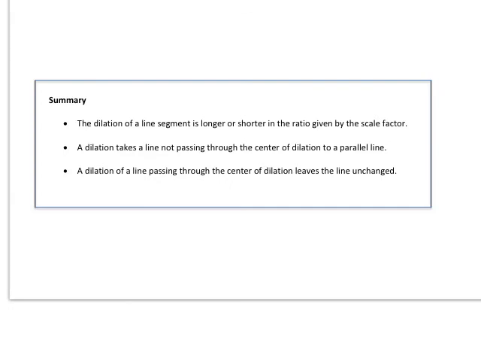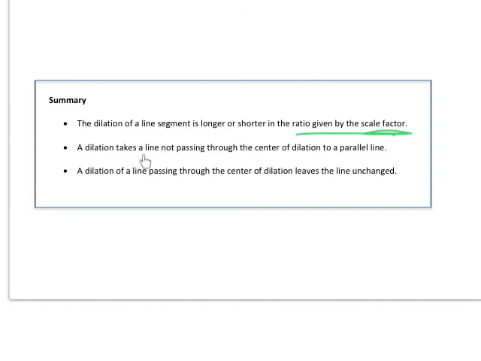So just to summarize the first part here, and then the last part we're going to do in class because it's a little bit trickier. The dilation of a line segment is longer or shorter in the ratio given by the scale factor. So if I dilate a line segment by a scale factor of 2, then my new line is going to be twice as big as the old.